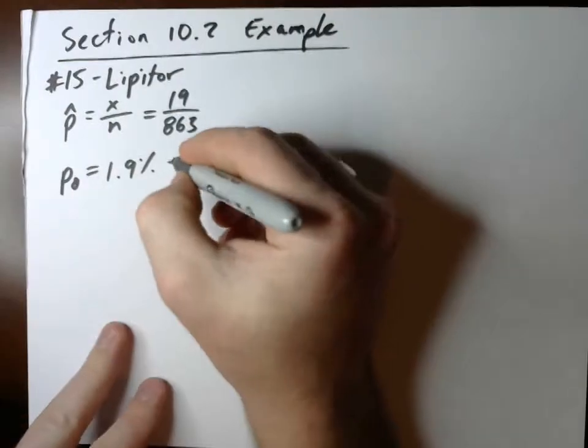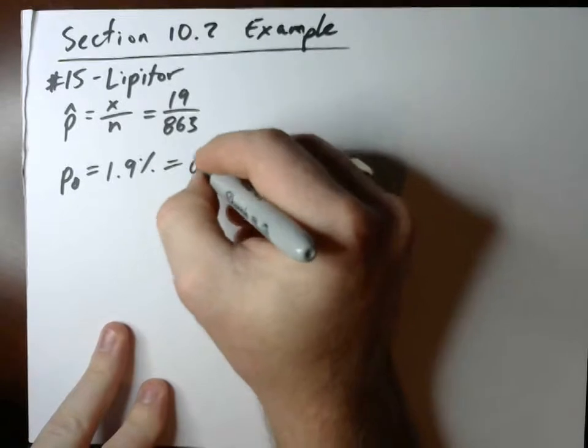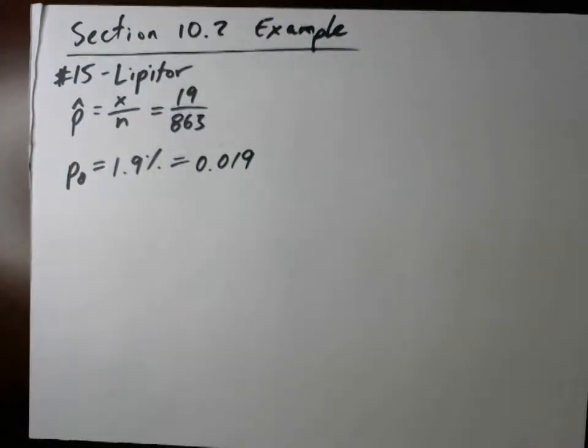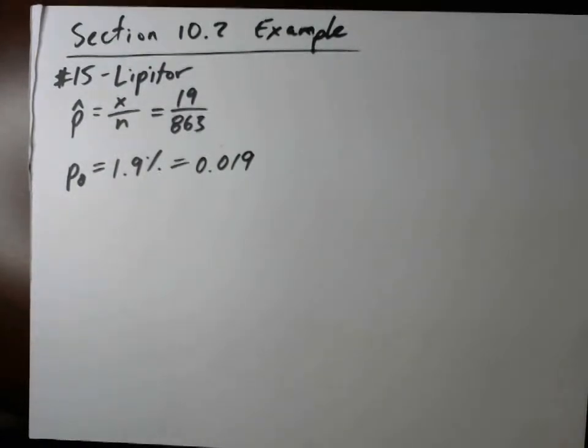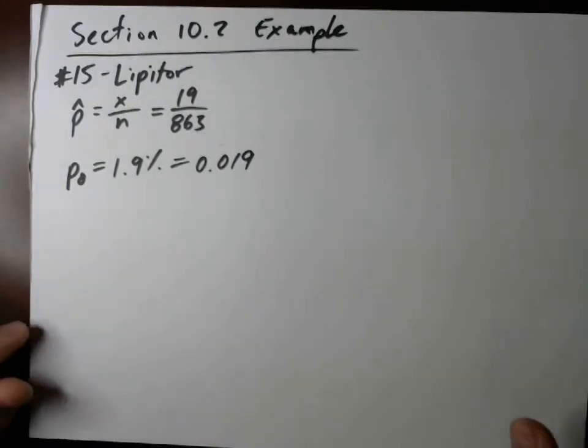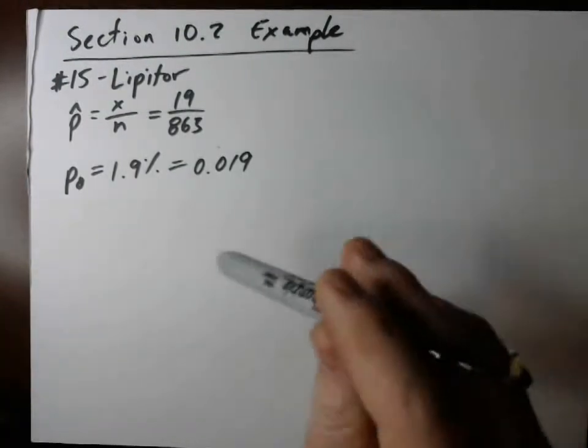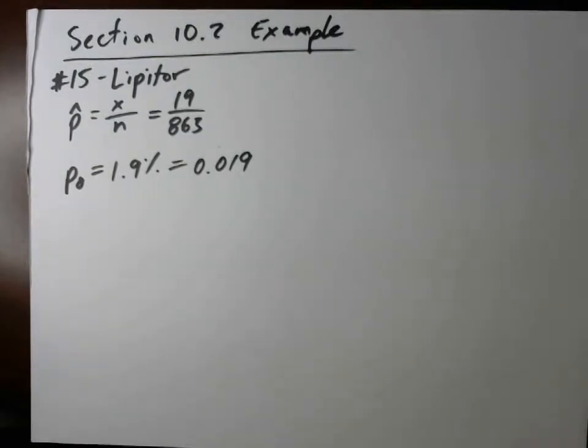And in this case, 1.9% is 0.019. So that represents the claimed value, which belongs in the null and alternative hypothesis. So you may have an idea of where this goes already. I'm just pulling out the information, as we can see.